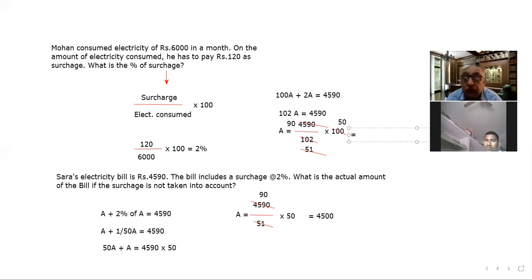So that is equal to 4500. So the amount of the actual electricity consumed by Sarah is equal to 4500.